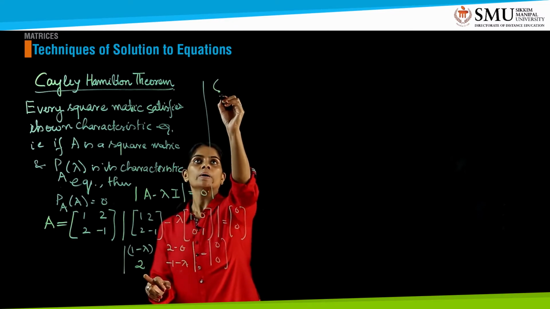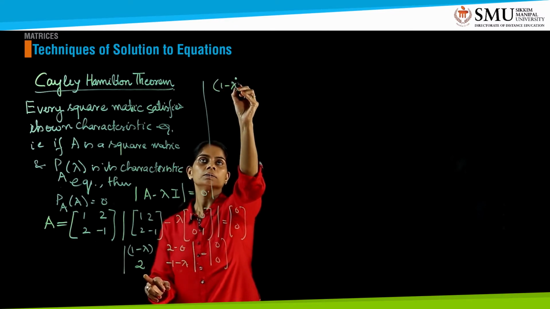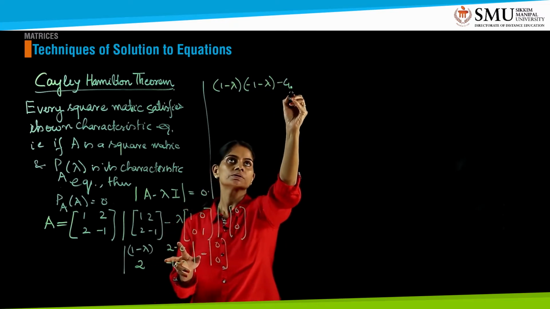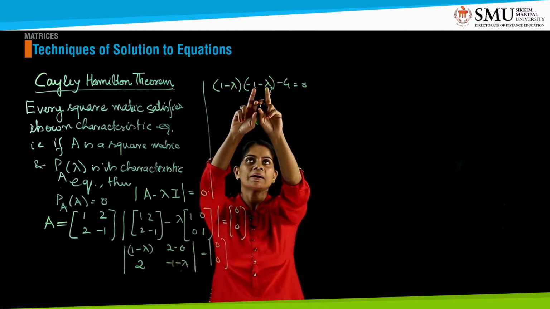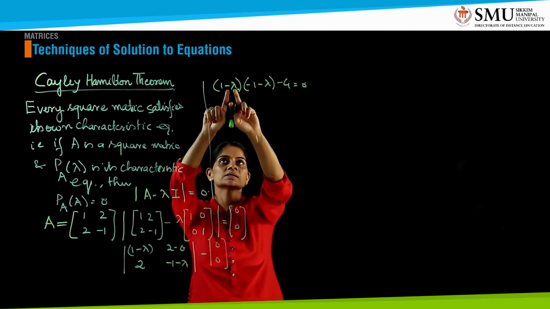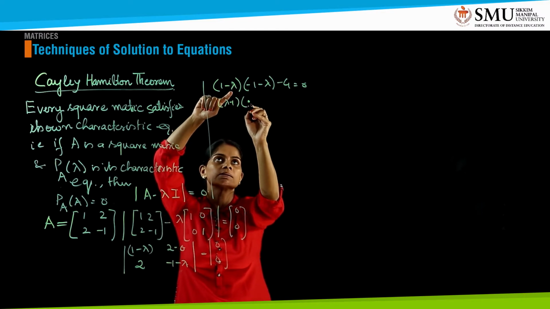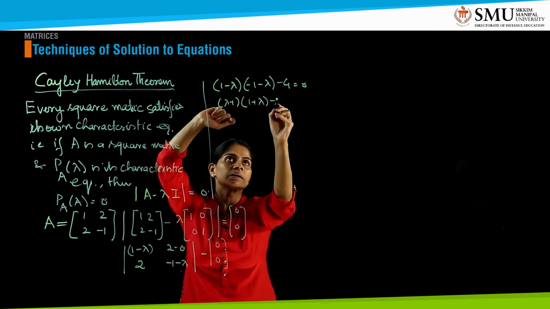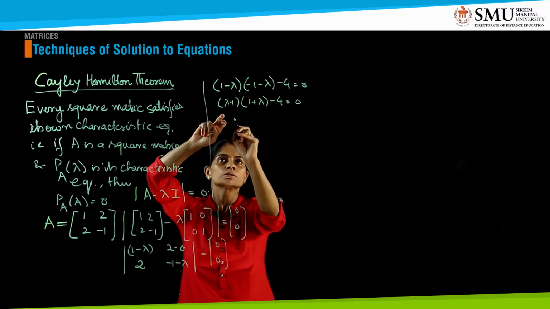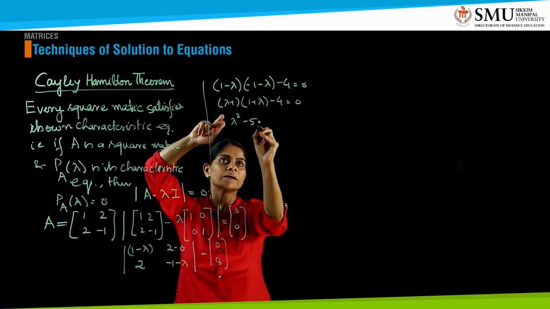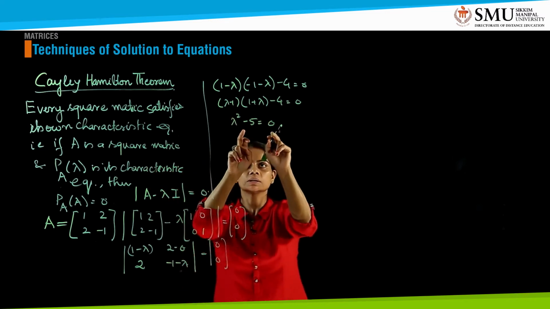So, this is (1 minus lambda)(minus 1 minus lambda) minus 4 equal to 0. You can take a minus outside, so this becomes (lambda minus 1)(1 plus lambda) minus 4 equal to 0. This outcome comes out to be lambda square minus 5 equal to 0. You make the calculation, it comes to this.